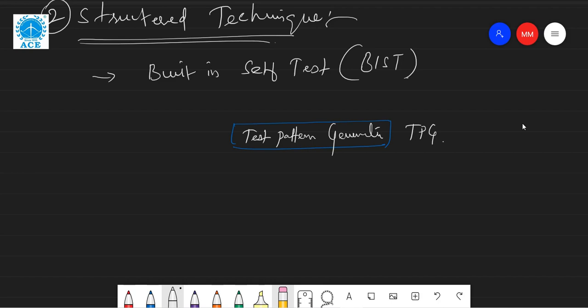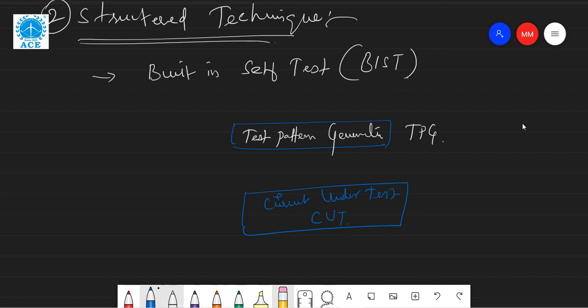Next one is we have circuit under test, CUT it is generally called.